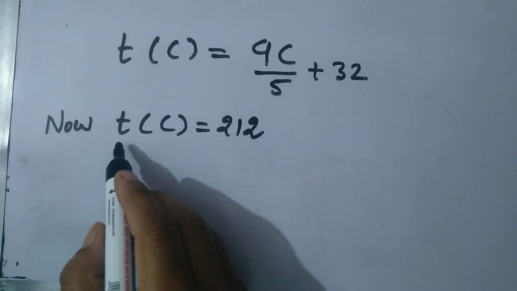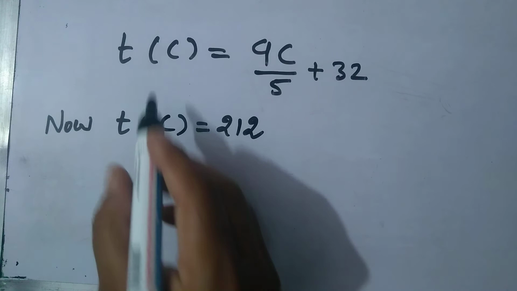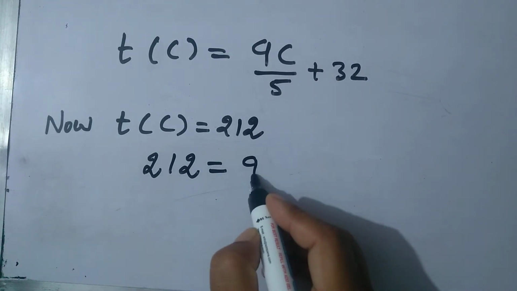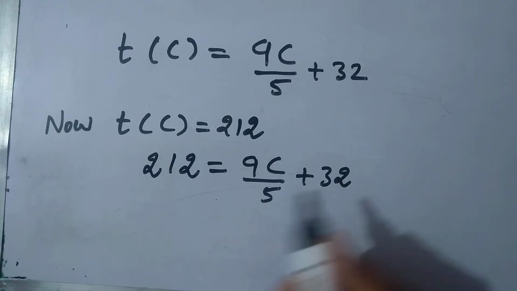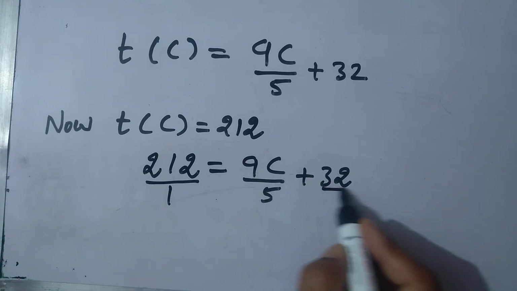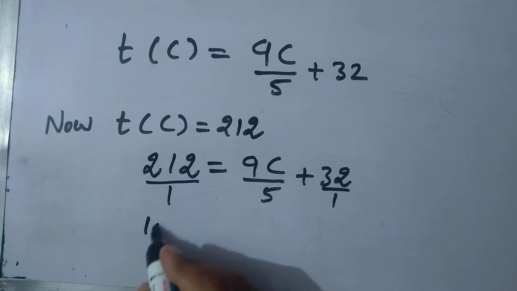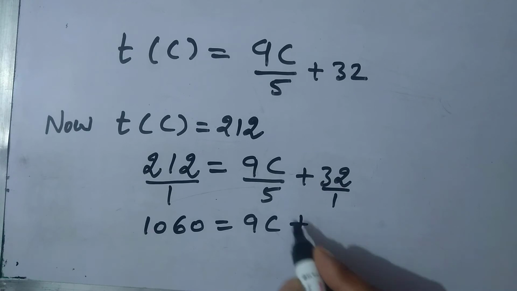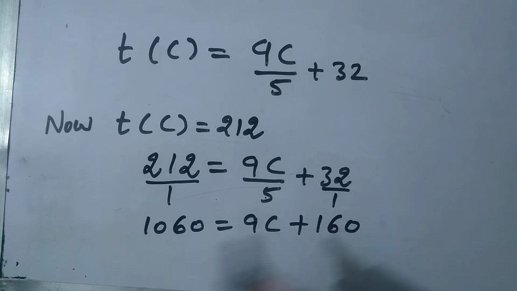This time T of C is equal to 212 is given. So what do we do now? 212 is equal to 9C upon 5 plus 32. So taking LCM, 212 into 5 is equal to 1060 is equal to 9C plus 32 into 5, that is equal to 160.